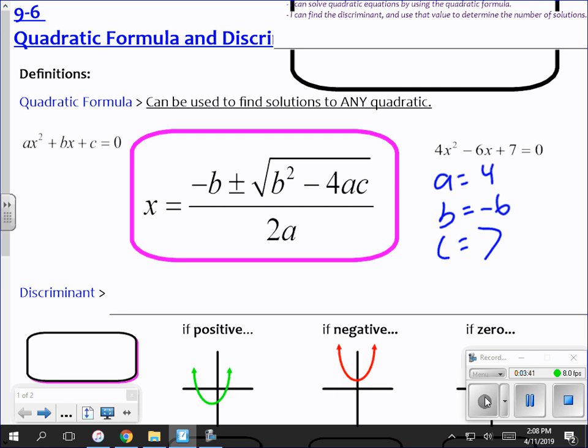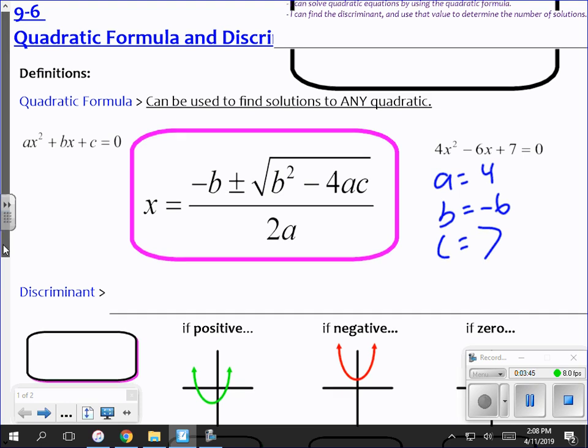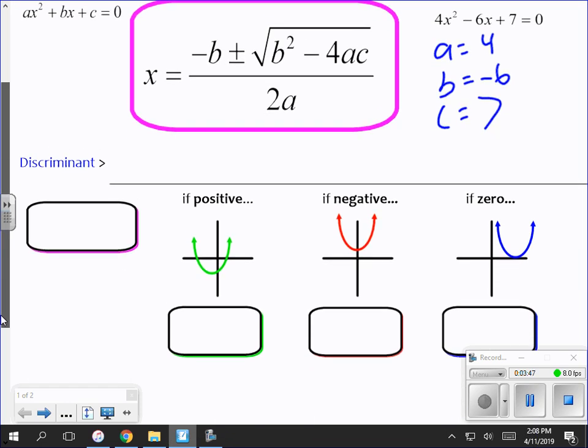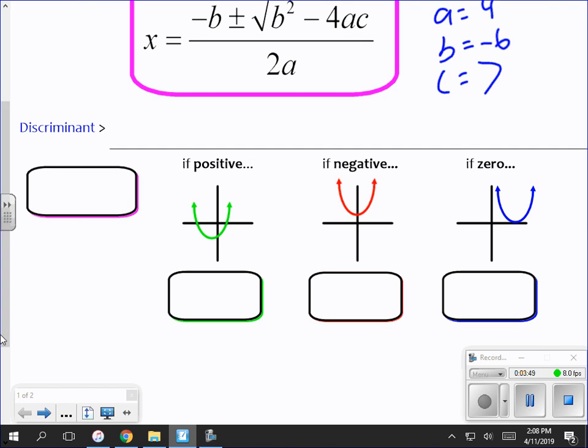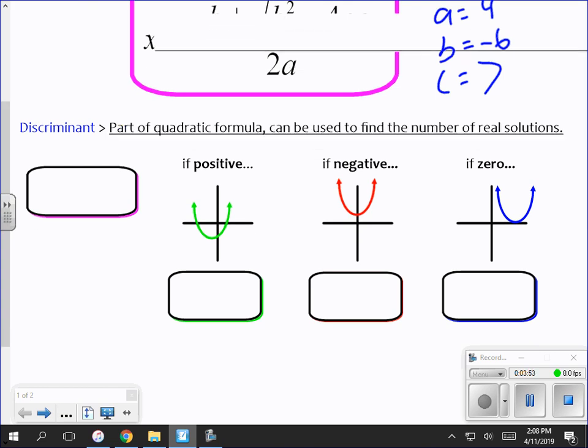Okay. Now, the cool thing, or I should say one of the cool things about the quadratic formula is the discriminant, which is part of the quadratic formula. Specifically, it's the part that's underneath the square root.